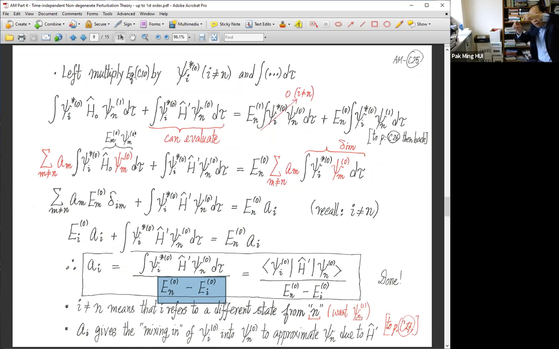If you are asking about another state that will affect you that's very far in energy from your place, the effect will not be big, do you see? Because the energy difference appears in the denominator. Okay, do you understand what I'm saying? States with energy far away from you in H0 will not affect you much. They will have a tiny, tiny, tiny effect on you. Okay, do you understand what I'm saying?